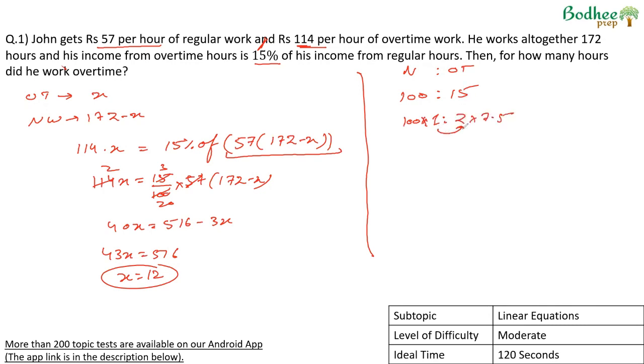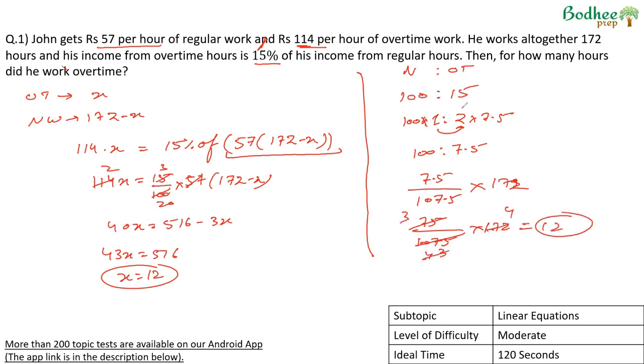Because the rate is double, the ratio of time between normal and overtime work should be 100 is to 7.5. So 7.5 out of 107.5 of 172 will be the number of overtime hours. This becomes 75 upon 1075 into 172, divided by 25. Threes are, this is 43. For 12 hours, we'll get the answer. This could also have been done.